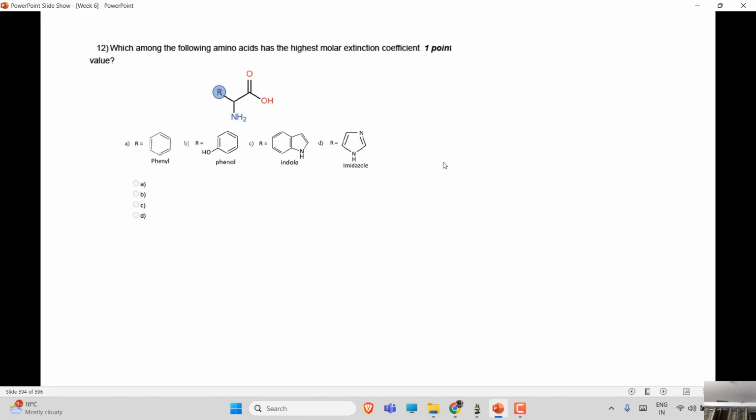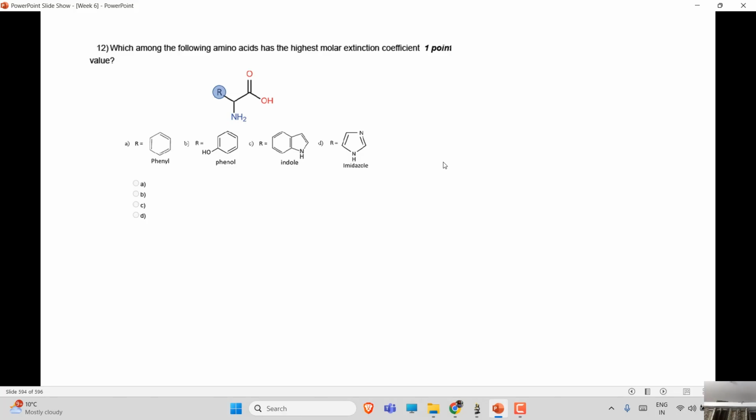So if you see, the highest extinction coefficient is of tryptophan, which is an indole group. Okay, so tryptophan has the highest extinction coefficient, then phenol, then phenyl, then imidazole.